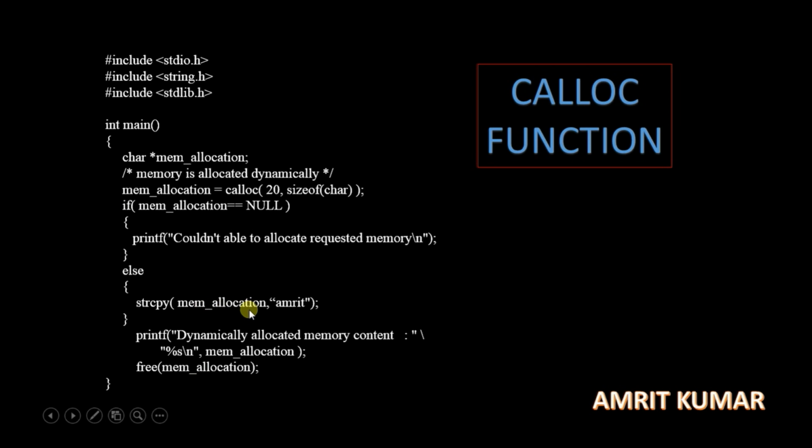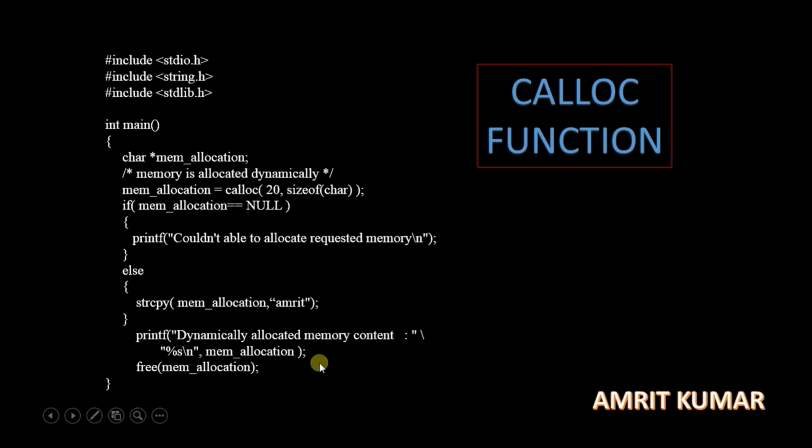And mem_allocation is the pointer variable for the dynamic memory allocation. In this way I am storing the value Amrit in the dynamically allocated memory.